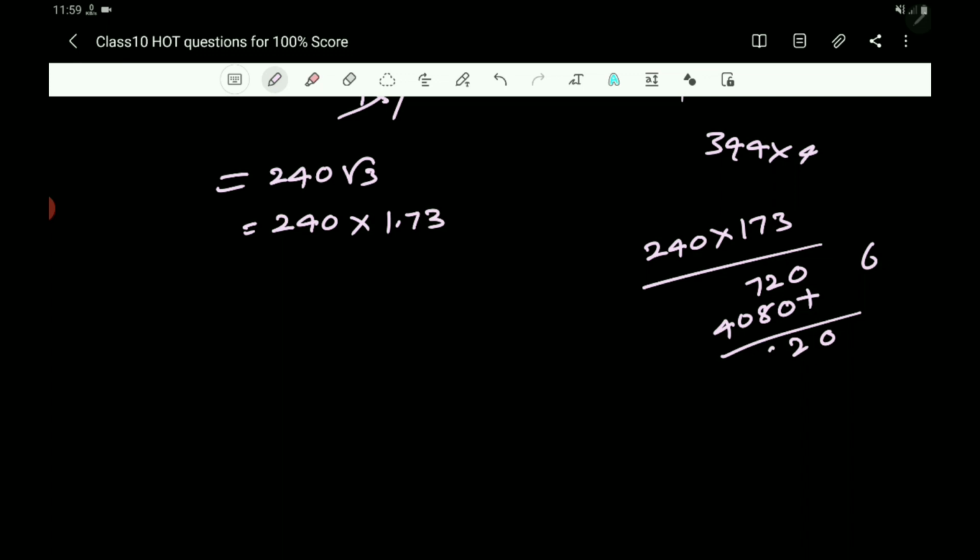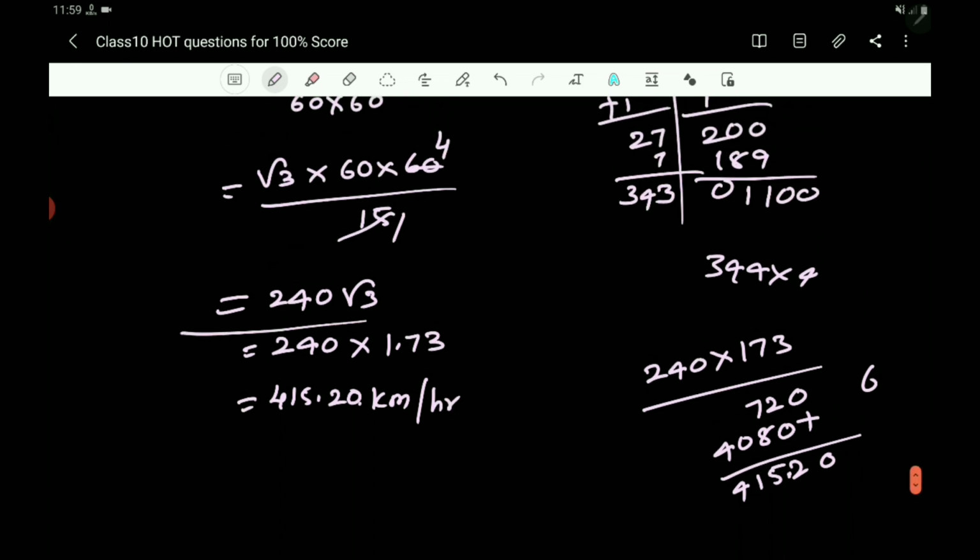That becomes 415. Here 2 digits are after the decimal, so you can take 415.20 kilometer per hour.